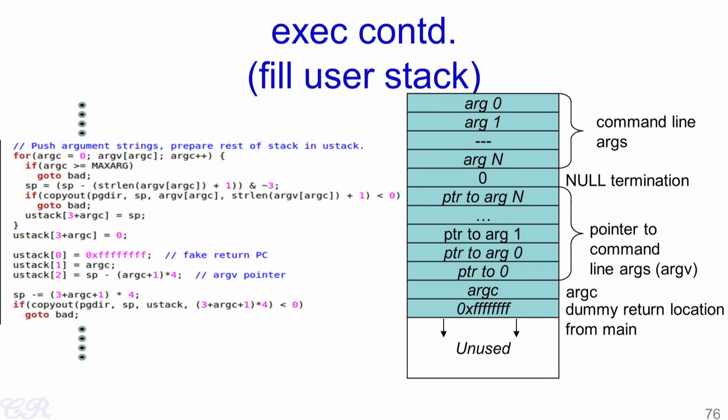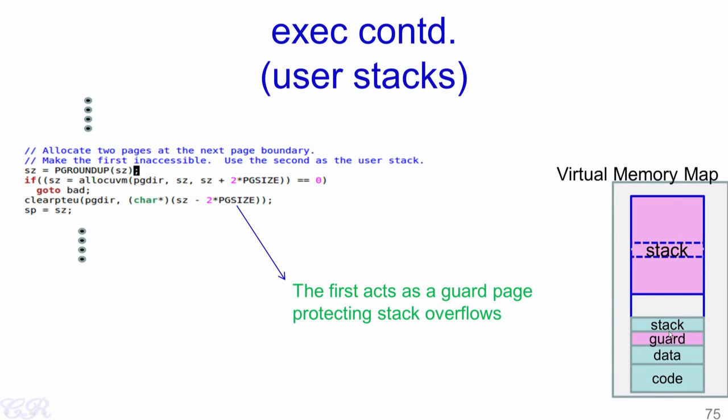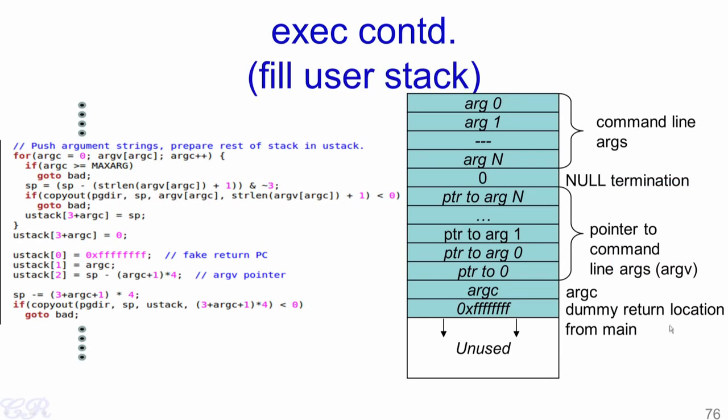The next step in the exec implementation is to fill the user stack. Essentially, we have created the stack over here and now we are actually filling the stack. We fill the stack with command line arguments. We know that any program that we write could take command line arguments, and these arguments are actually filled into the stack. So, we have command line argument 0 to n, each followed by a null termination string, and then we have pointers to these arguments, like pointer to argument 0, pointer to argument 1 and so on.